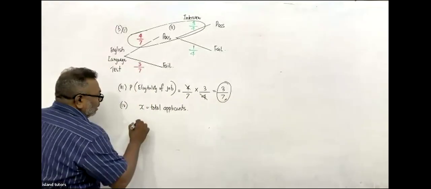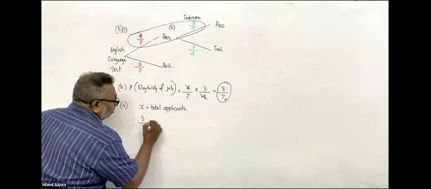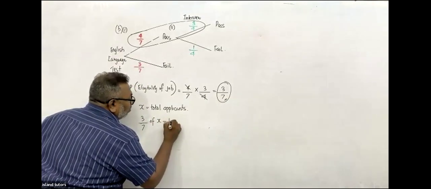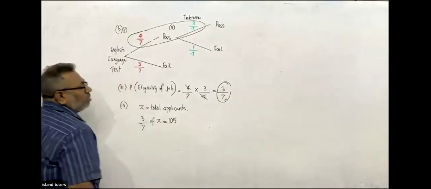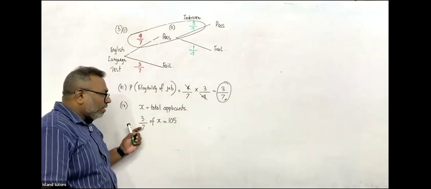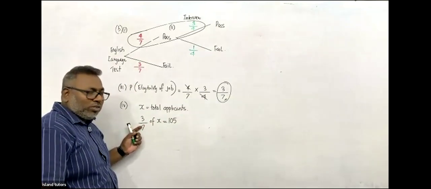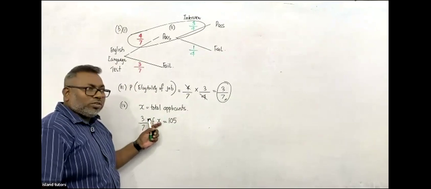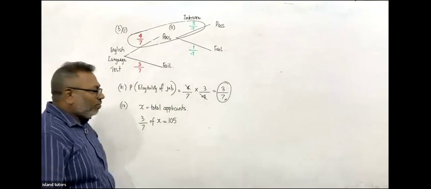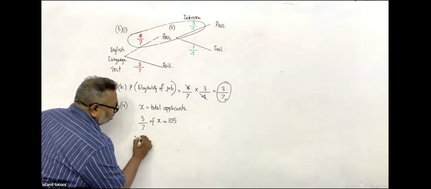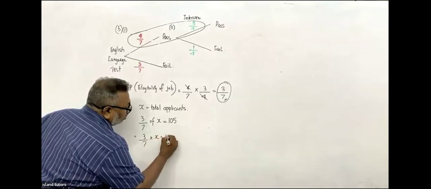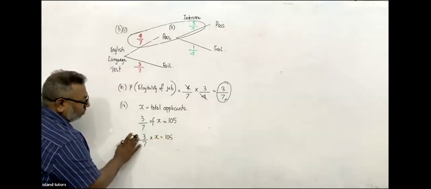So that means what? 3/7 of the total applicants is equal to 105 people. Who can do the job? So 3/7 of means 3/7 into x is equal to 105.